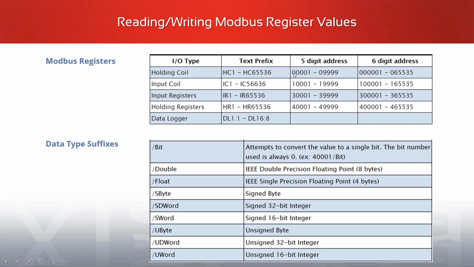The 5-digit address is the most common methodology you'll hear about, and you'll notice that it starts at four zeros and a 1, and goes to 09999. Due to new technology advancements, an additional 6-digit addressing mechanism was added so that you could start pulling additional data well beyond what was available through the 5-digit addressing.